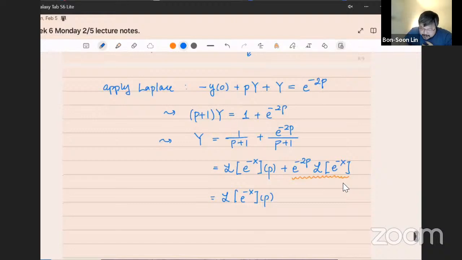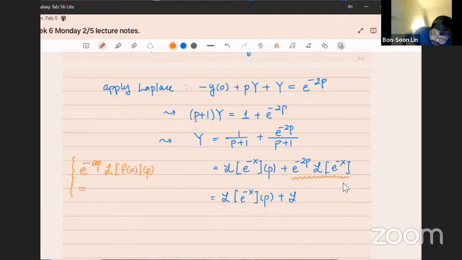Anyone? This is the exponential shift rule, right? Just to remind you on the side, the exponential shift rule: what does it say? When you have e to the minus ap, when a is positive, times the Laplace transform of f of x evaluated at p, this is equal to the Laplace transform of f of x minus a times the unit step function u of x minus a.